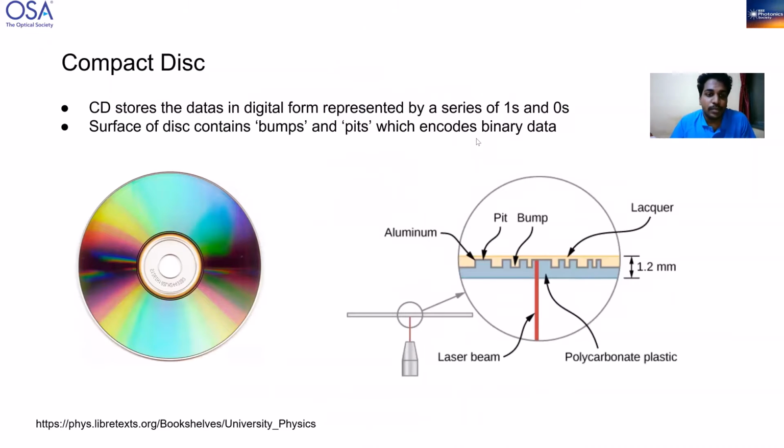So the left image is the CD that is most familiar to all of us. I have also been very curious about this since my childhood: how can this CD store information? As you know, in every computer the data is stored in a binary system, 0 and 1.